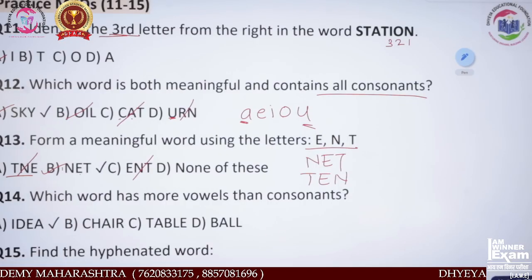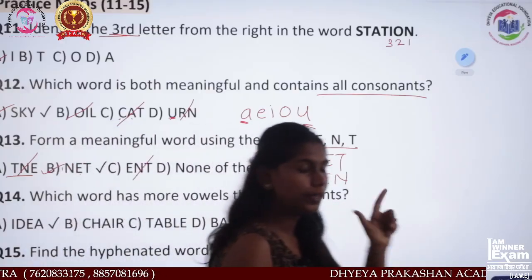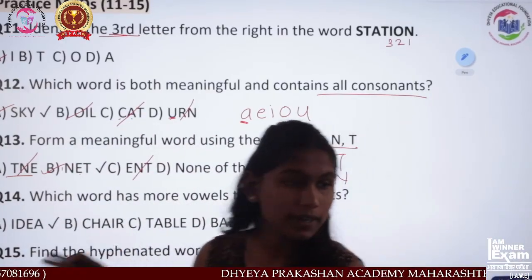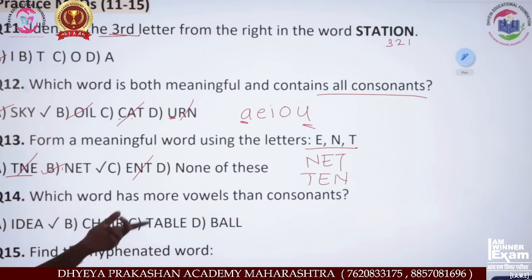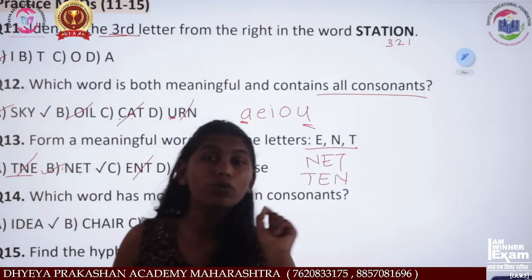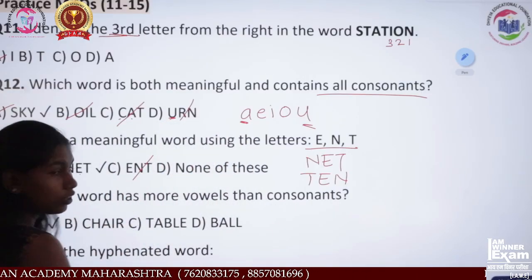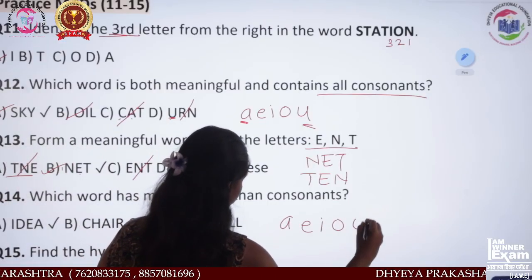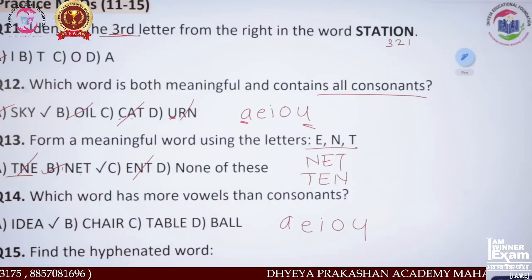Then next. Which word has more vowels than consonants? Here there are some words given. Now from these words we have to find out which word contains more vowels. Now what are the vowels? That is A, E, I, O, U. So the use of these vowels should be more.